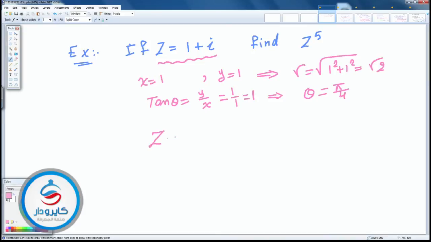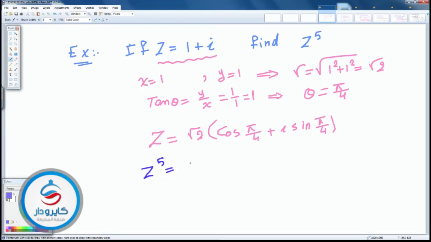Then z equals root 2 cosine pi over 4 plus I sine pi over 4. So now we have to make z power 5.